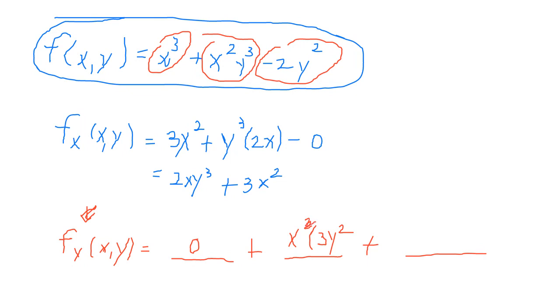And then what's the derivative of negative 2y squared? Negative 4y. Good, you're getting a good feel for this.